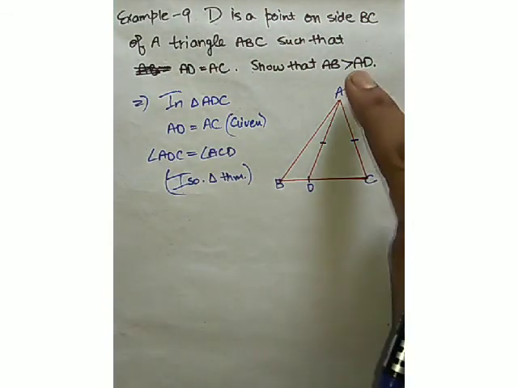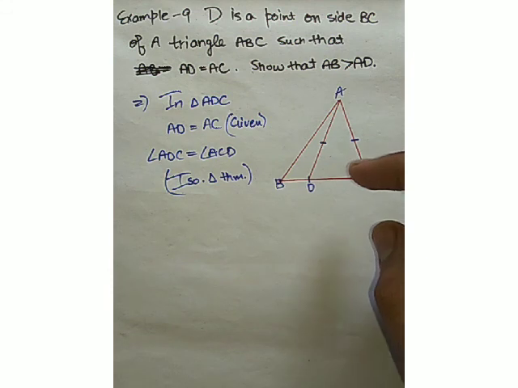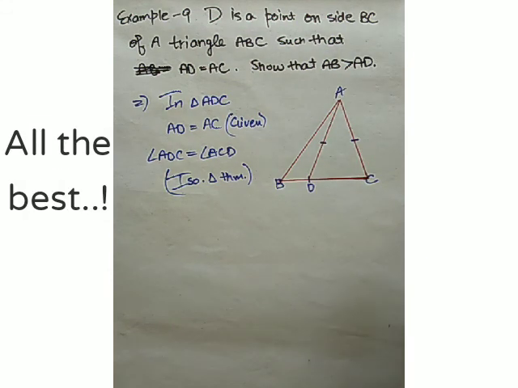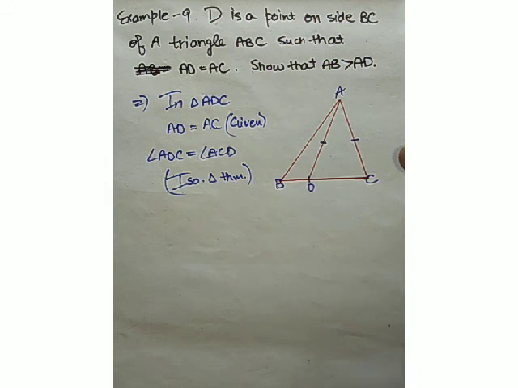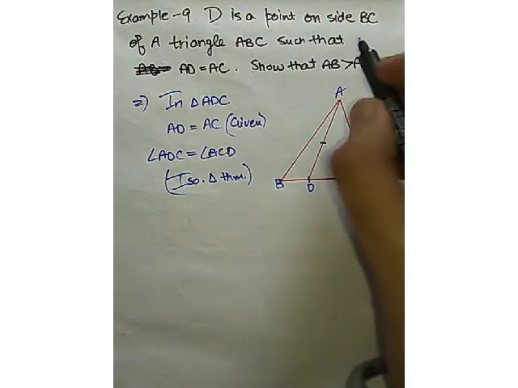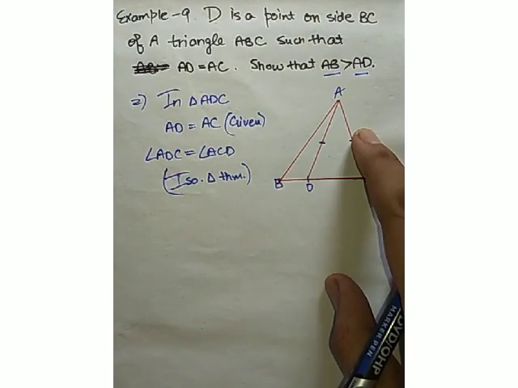Okay, we have to reach AB greater than AD. So we will be dealing with some of the angles as well, because as we have just studied, the side opposite to the greater angle is greater. So we have to prove that the angle is greater, only then we will be able to reach the sides AB and AD.